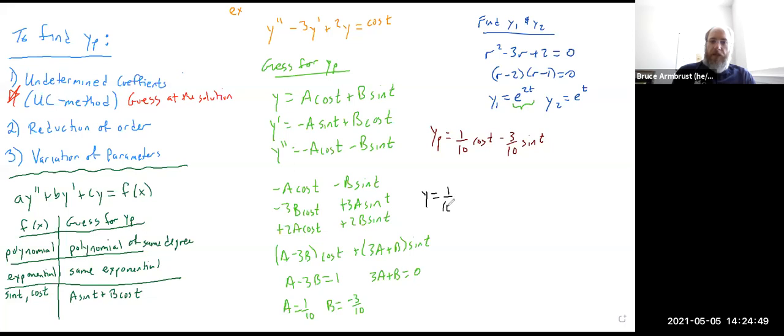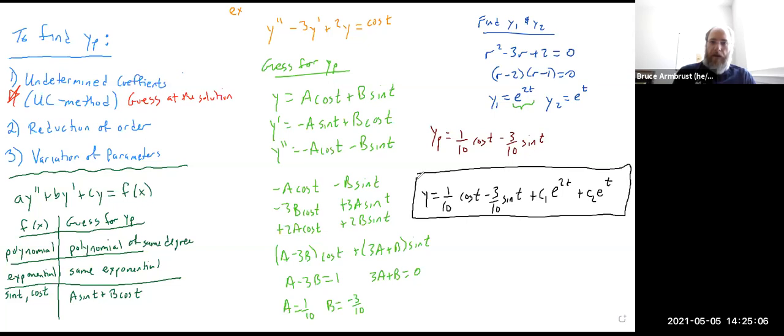So the general solution to the differential equation is this particular plus C1 e to the 2t, C2 e to the t. But again, we just made a generic guess. It led to a system of equations, but then we got a particular solution, and we were able to combine that with our homogeneous to get our answer.